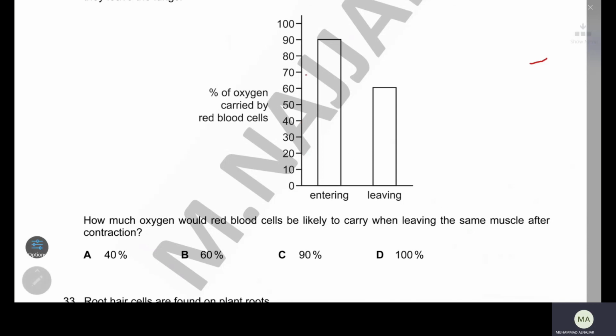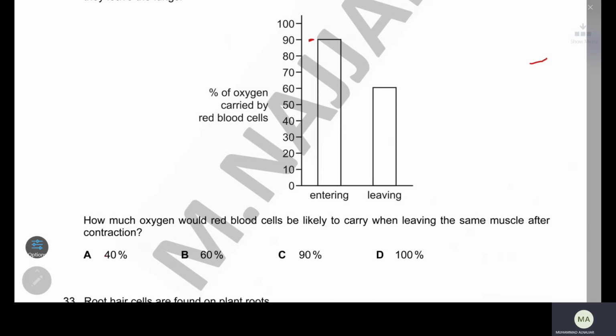If the percentage of oxygen entering is 100, how much oxygen will be leaving? This is related to respiration and gas exchange that will be covered in chapters 11 and 12, but you can even answer this here. Of 100% taken, the great majority will be taken by the body, and a remainder of oxygen will be leaving.